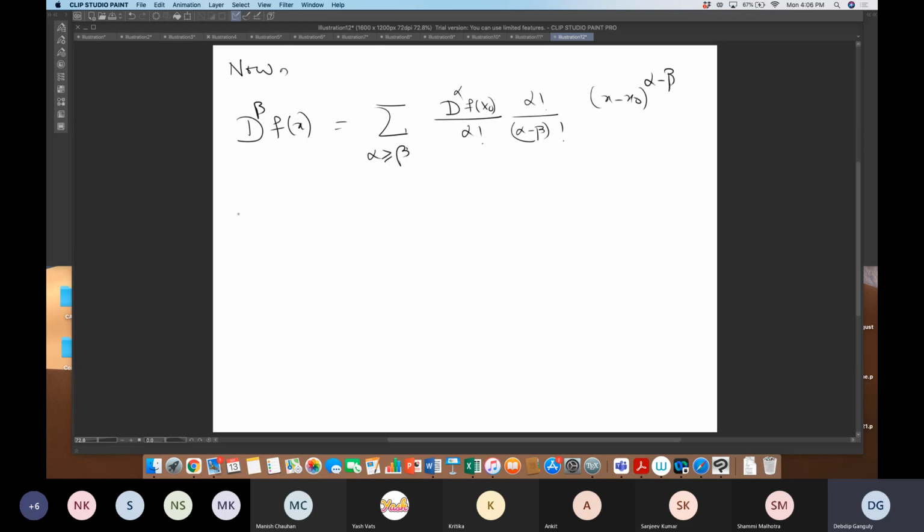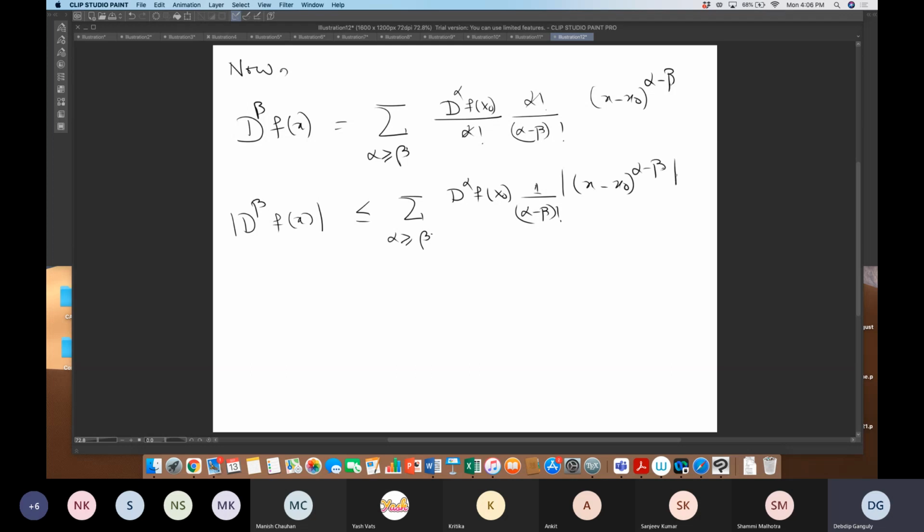This we already know. Now what is the modulus of d beta f? Because we have to show this. The modulus of d beta f(x) is less than the summation over alpha greater than or equal to beta of the modulus of d alpha f(x naught) times one by alpha minus beta factorial, times (x minus x naught) to the power alpha minus beta.